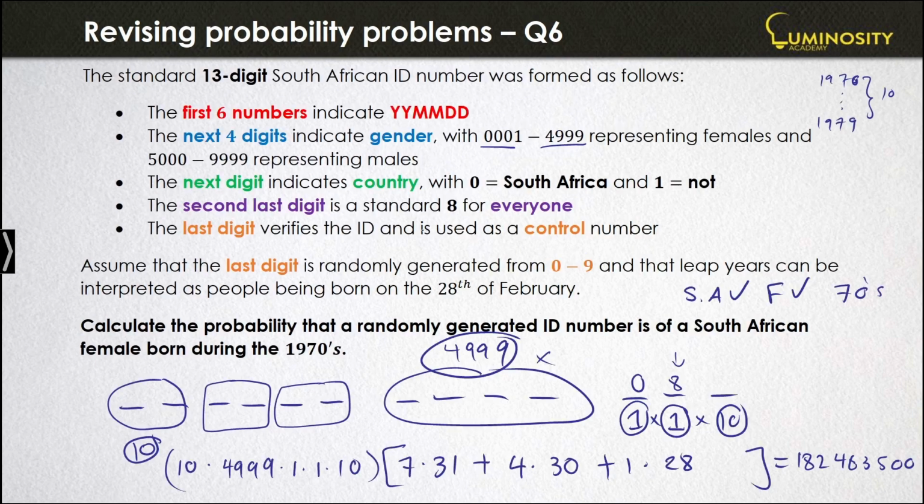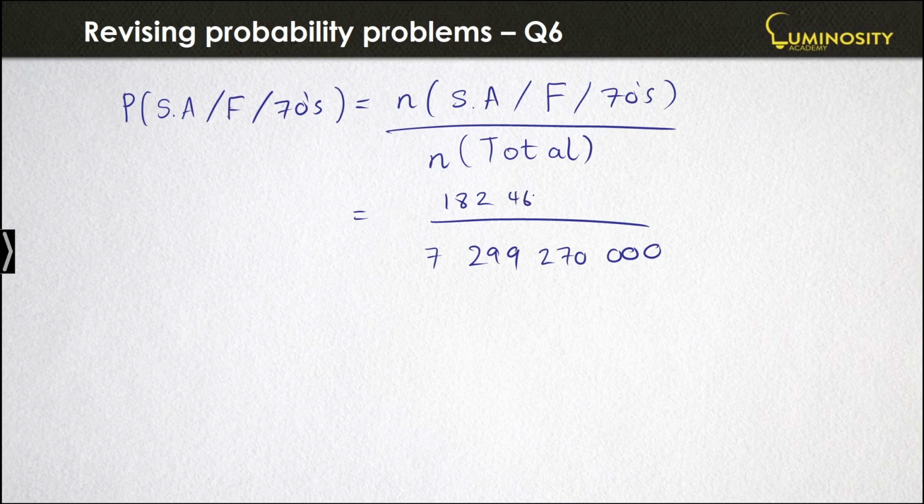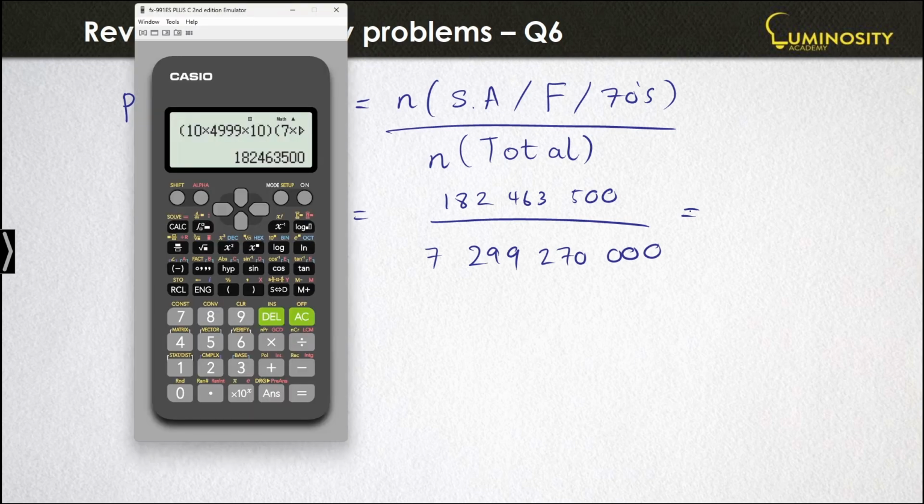So that's 182,463,500. We take that number and divide it by the total number, 7,299,270,000. That gives you 0.02499.